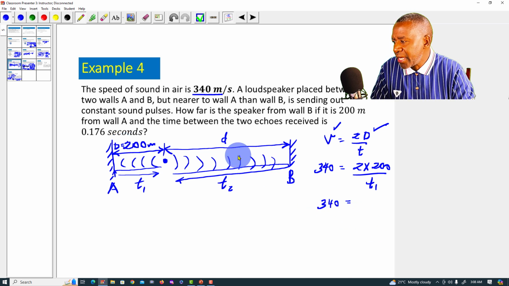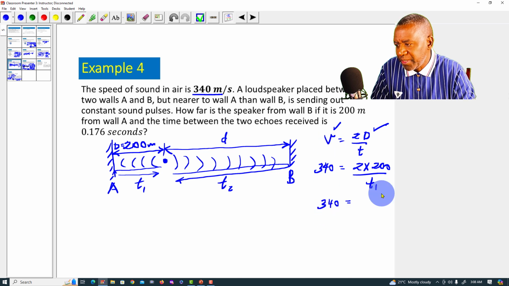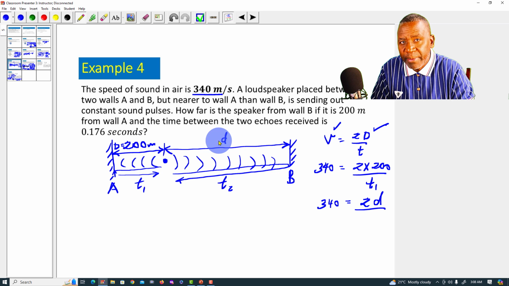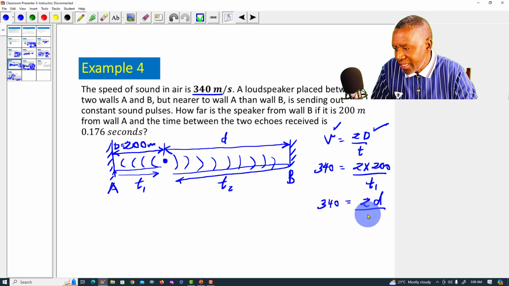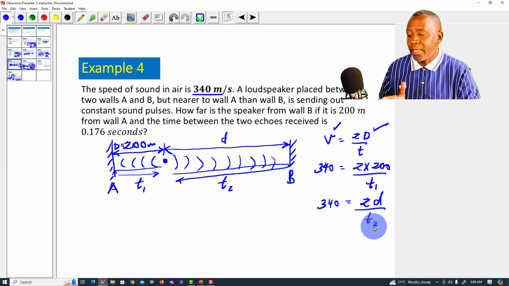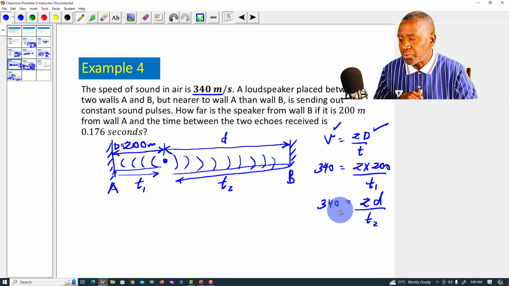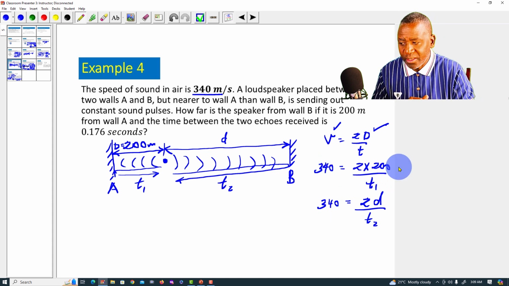So when we are on the second part, 340 meters per second is the speed. 2 times D. Now this D is this D. Remember, it is unknown. And then the T2 is here. So you can go ahead and calculate the T2. Remember, here we got T1. It has a value.